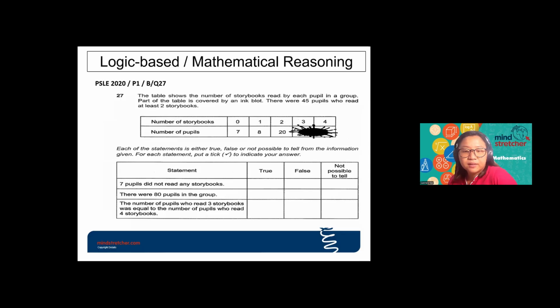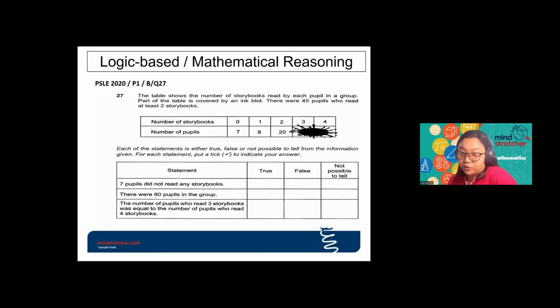This type of question where you see true, false, and not possible to tell is also getting trendy. And most of you should have seen this kind of question at least once in your practice, right? So you need to read the information given, the table, and the statement.